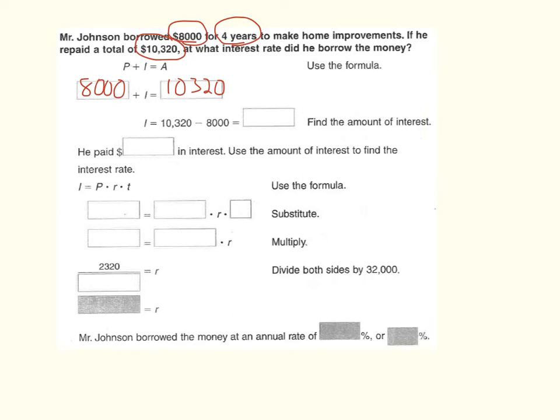Remember when we were trying to figure out how much total there was in the account in the last problem, we had to add what they put in and the interest to give the total. So to figure out the interest, we need the total minus what they put in, and that'll give us how much interest they had to add on to that. In this case, it's $2,320 is how much interest he had to pay on his loan.